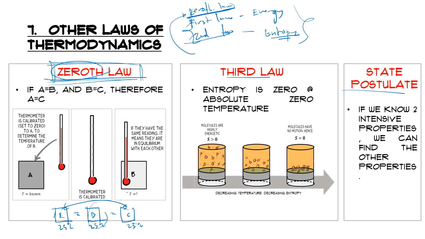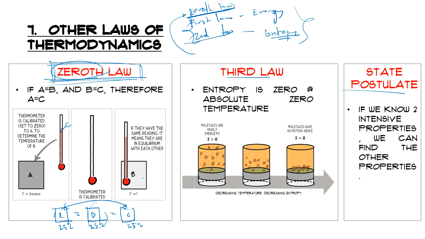But the application is with regard to thermometry. Let's say we have a body A with some known temperature, and another body B, then a third body C, the thermometer.